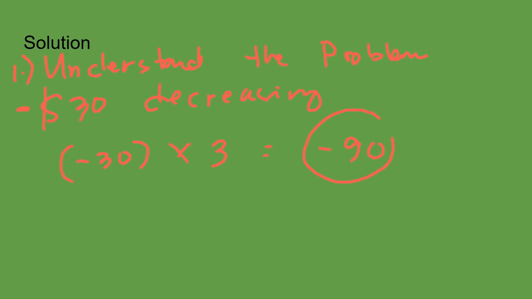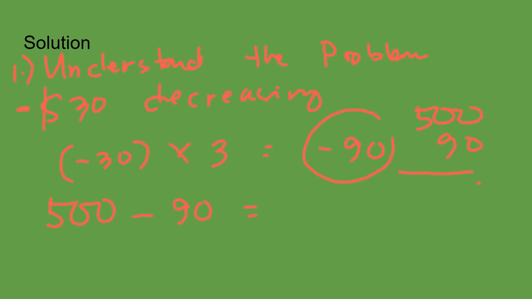So how much would be our remaining balance? Your money in the bank is 500, and we will now subtract 90. How much is 500 minus 90? Let's subtract.